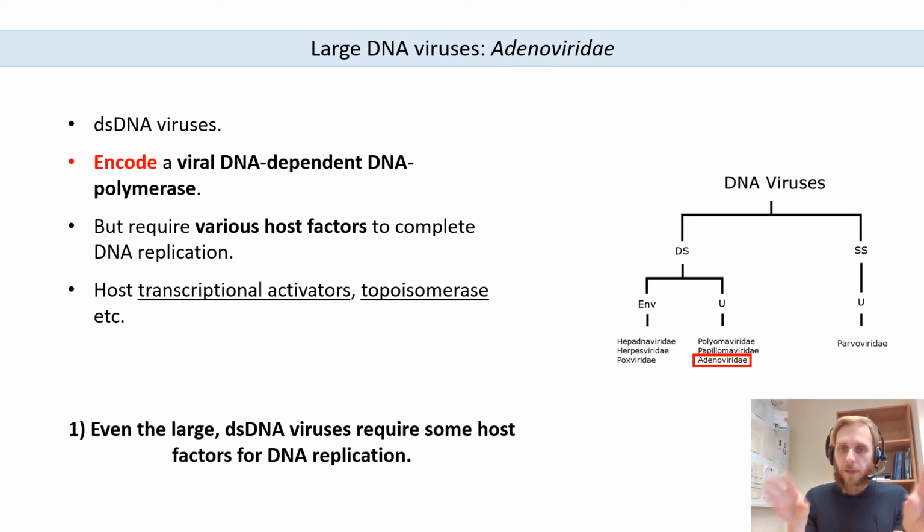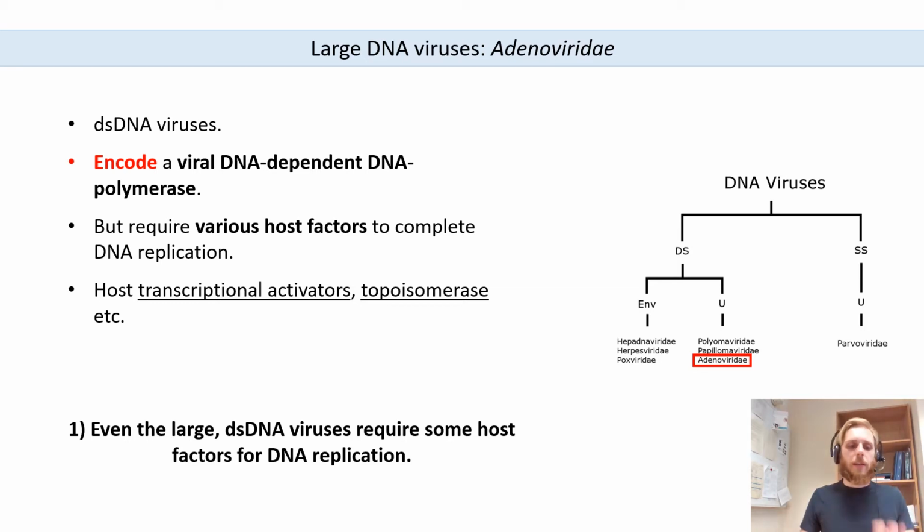However, despite the fact they produce their own version of this critical enzyme, they still rely on other host enzymes to complement the process, to play some role in the genome reproduction. Examples of these are transcriptional activators and topoisomerase. Again, we don't need to know specifically what they do.